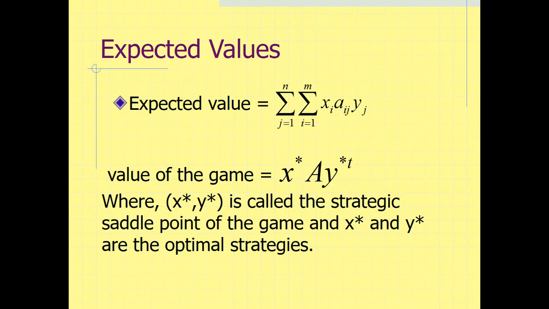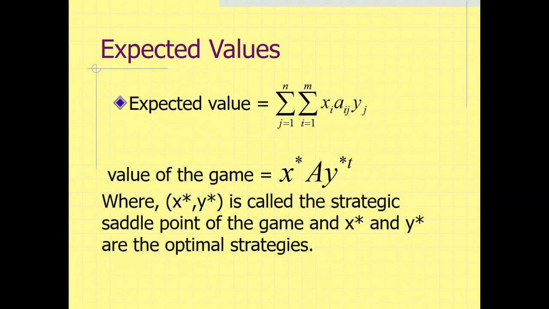For this, we use the concept of expected value from probability theory. In probability theory, the expected value of an event is defined to be the sum of the values of each possible outcome of the event times the probability that the outcome occurs.